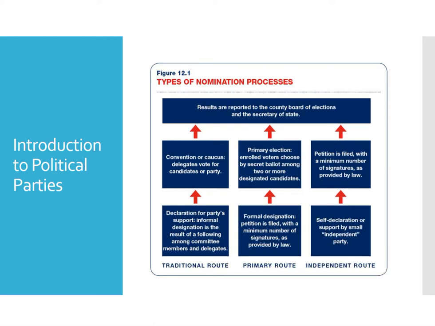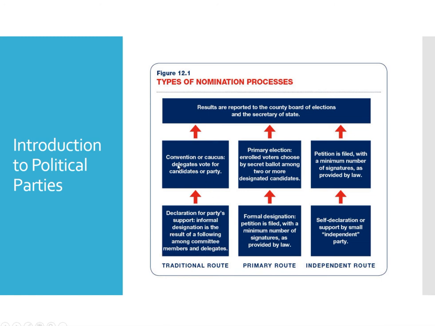And so here's that graphic I want you to review with regards to the nomination process, the traditional route, the primary route, the independent route. Results are reported to the County Board of Elections and the Secretary of State. But the declaration for the party's support, informal designation, is the result of following among party members and delegates. So the traditional route is you build a basis of support among various delegates in an informal way.